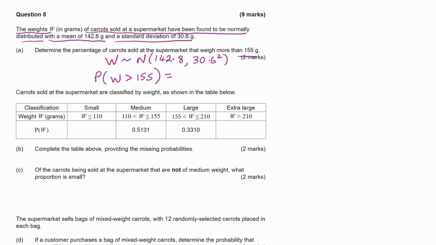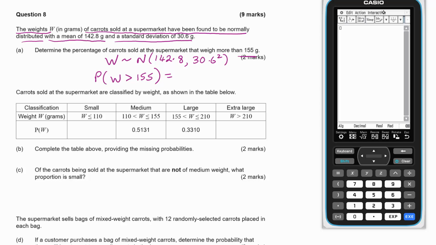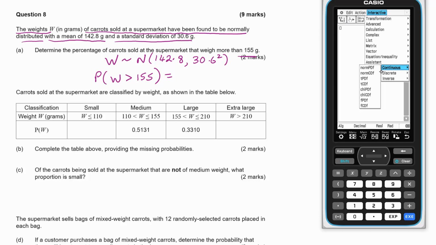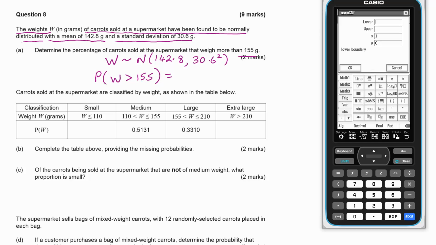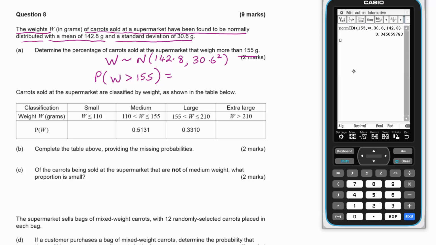That's just going to be using our ClassPad. We go interactive, and of course it's a continuous distribution, so normal CDF, and we go from 155 essentially to infinity with a standard deviation of 30.6 and a mean of 142.8, and that's 0.3451.